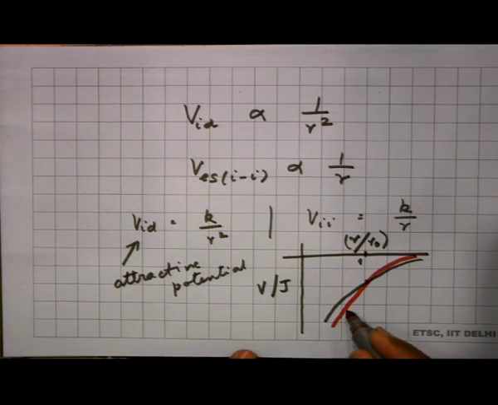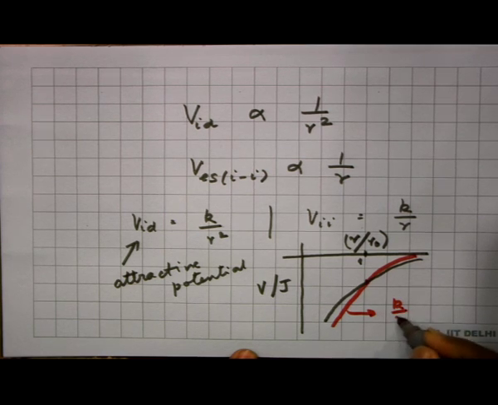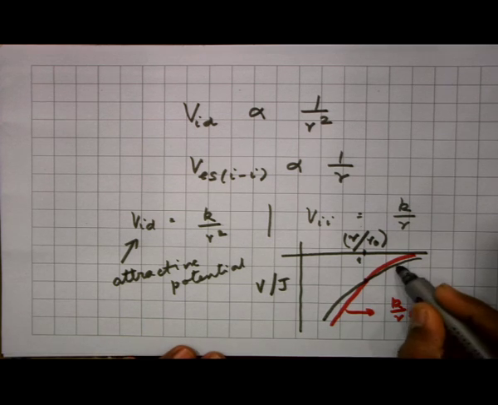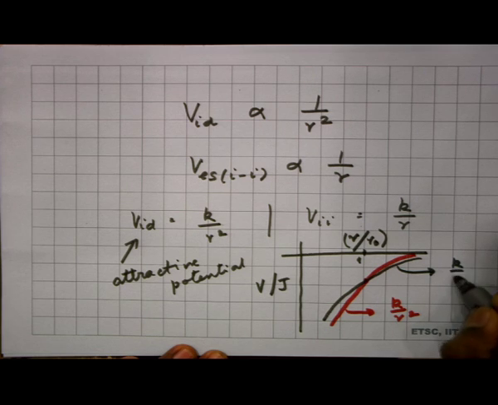So, this is the 1 over r square or k over r square term, the thing in red, and the one in black is the k over r term.